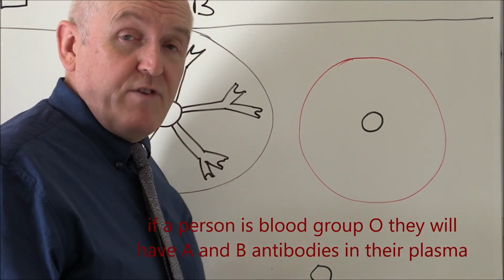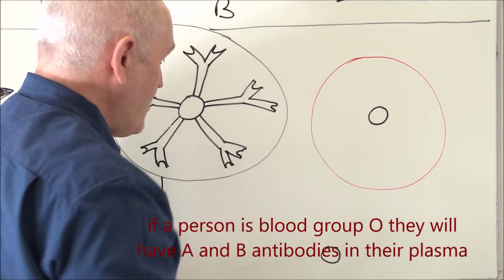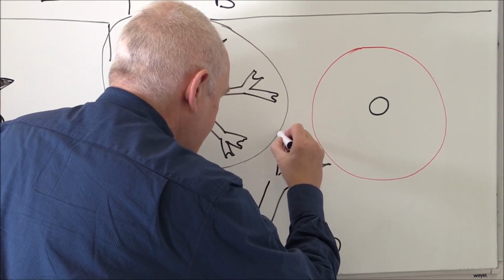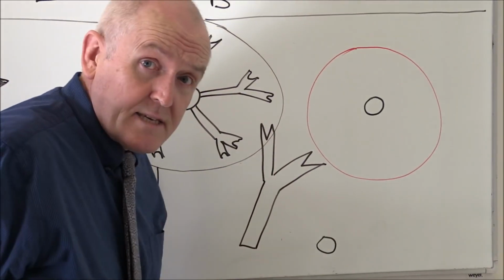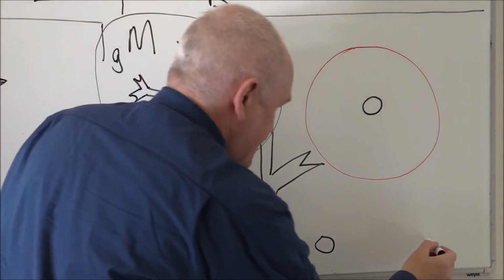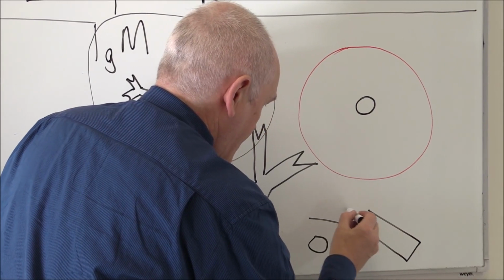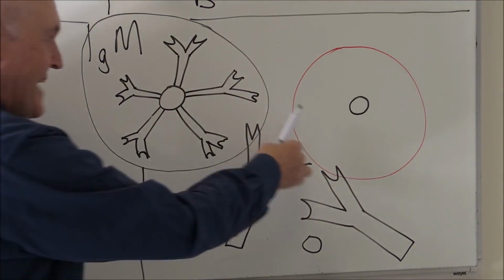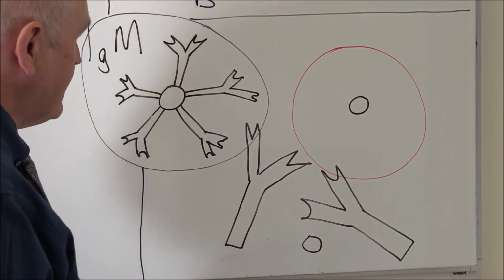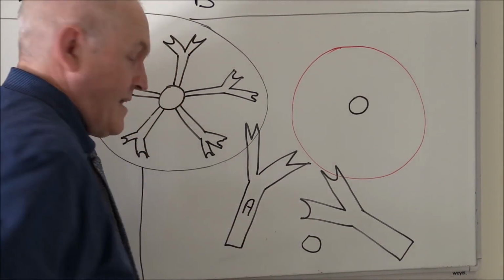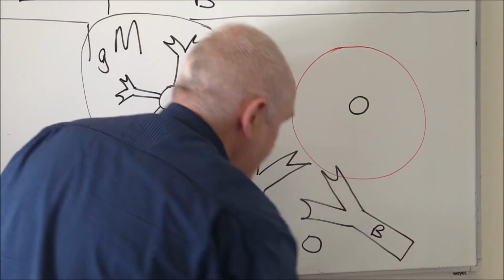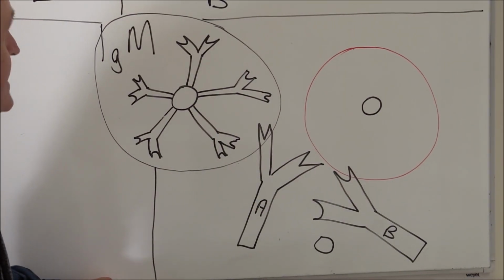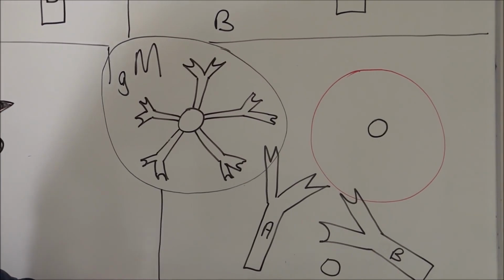And there'll be two types of immunoglobulins in a person who is blood group O. There will be immunoglobulins which are anti-A, and there will be immunoglobulins which are anti-B. So group O, no antigens on the red cells, but antibody A and antibody B antibodies in the plasma.